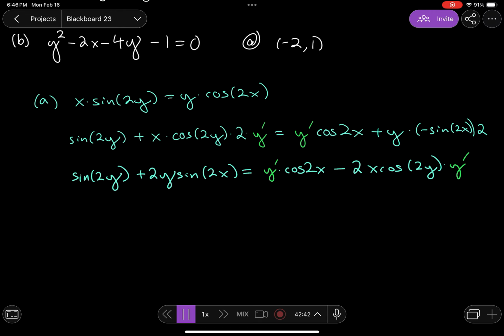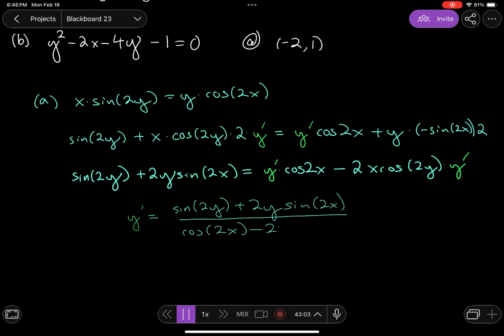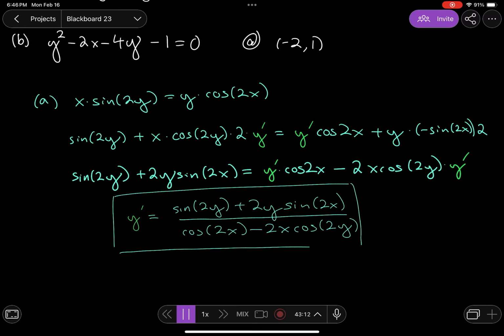Okay, that tells me that y prime, through factoring out and division, is sine of 2y plus 2y sine of 2x, all divided by the cosine of 2x minus 2x cosine of 2y. All right, nice. So that's our derivative at any point, but we are concerned about a particular point.